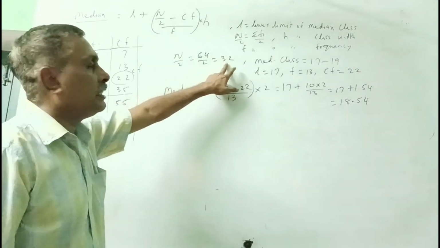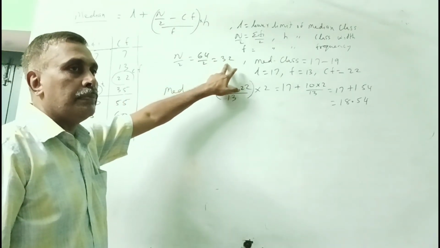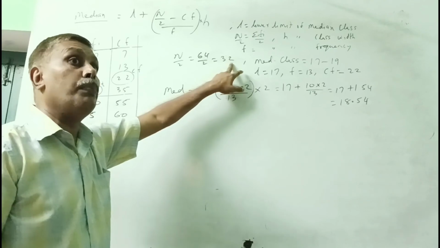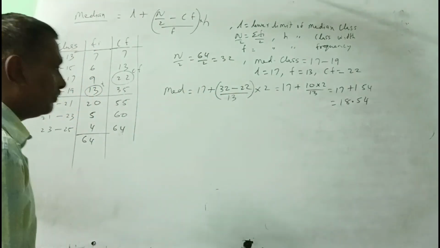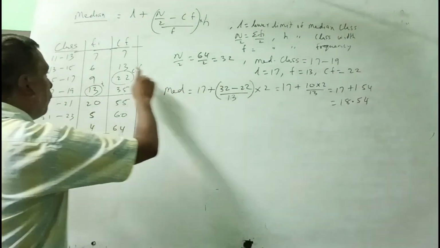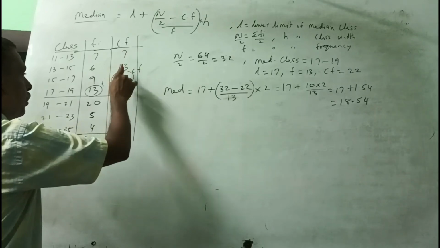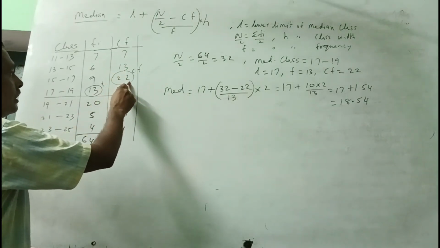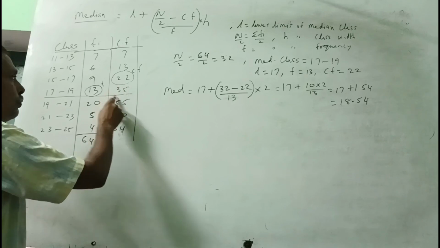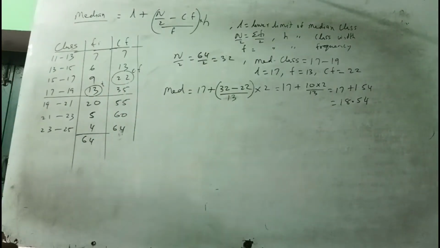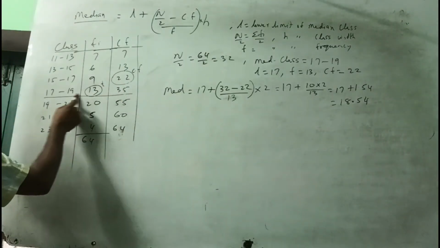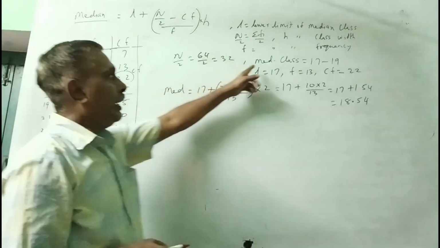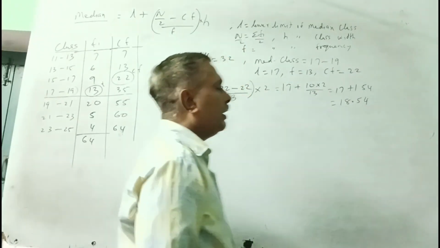It depends on the median class, the class where n by 2 first appears in the cumulative frequency. 32 is not there here, not here, but here 32 frequencies are there. That corresponding class is called the median class, which I underline. So the median class is 17 to 19.